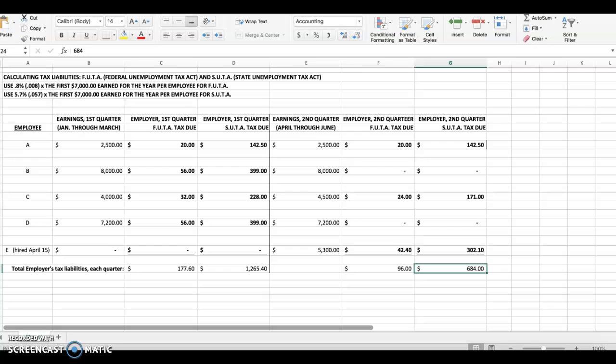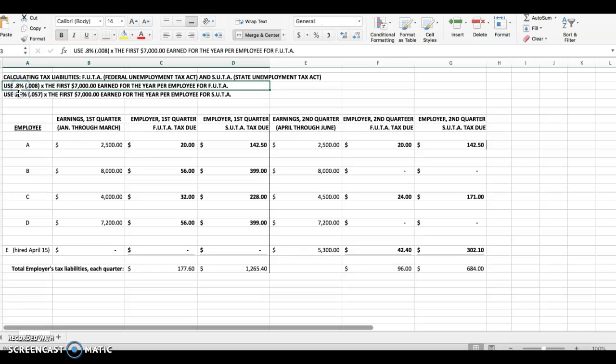A couple things to remember. One is employees do not pay, so we don't have to do a payroll deduction for our employees, but the business does have to pay the unemployment taxes. And this line up here and this line here at the very top are important. These are the percentages based on the first $7,000 earned for the year per employee.